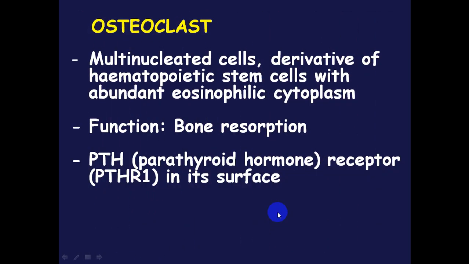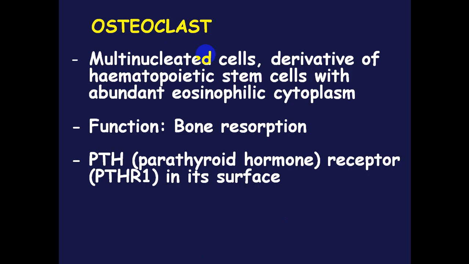So how about osteoclasts? Osteoclast is a kind of macrophage-derived cell in the bone. Therefore, this osteoclast has the main function of phagocytosis of the bones. This osteoclast has quite a specific morphology.